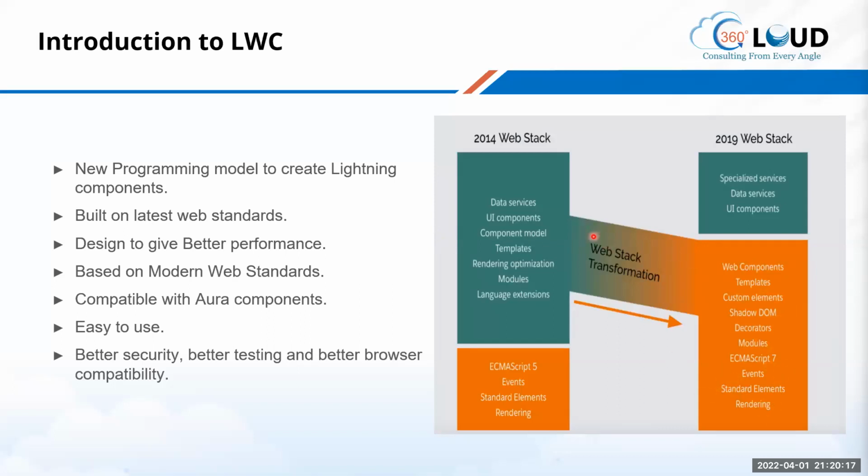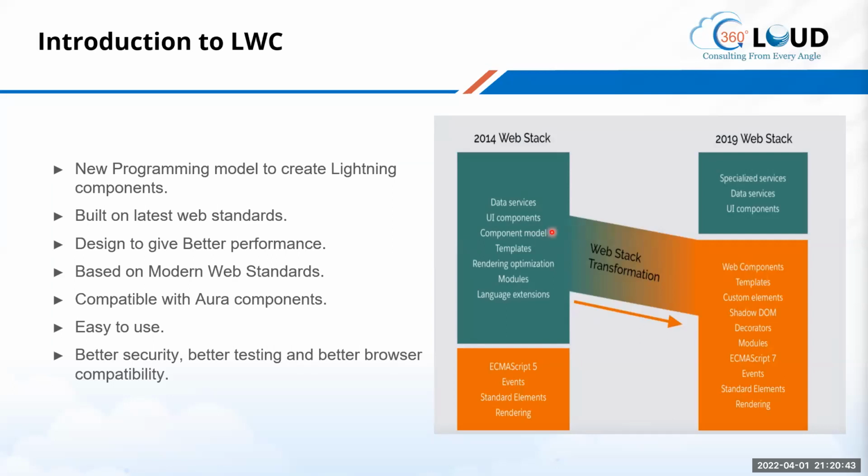So from 2014 to 2019, there have been lots of improvements in the web stack or the native browsers. All of the key elements like custom elements, shadow DOMs, decorators are part of the web browser itself. So what does this mean? It means the latest web stack is powerful enough to help us create components.